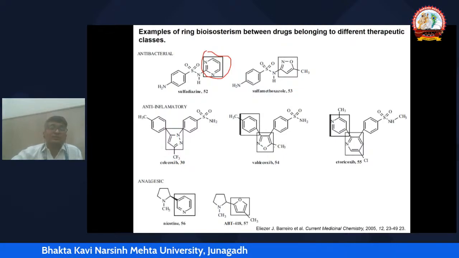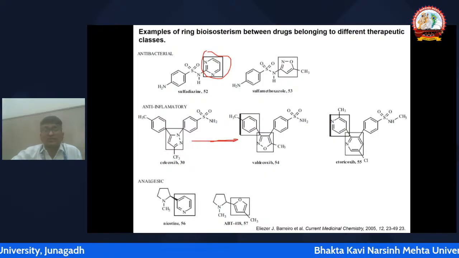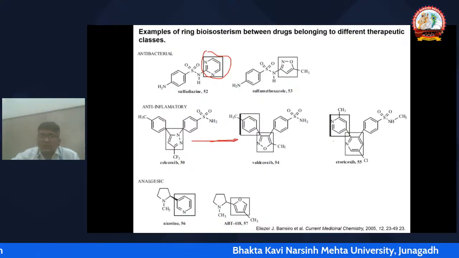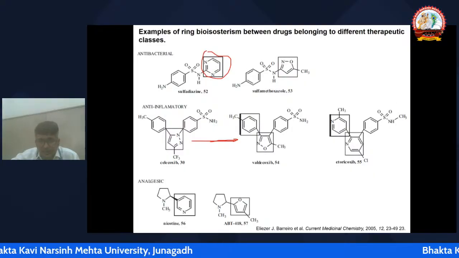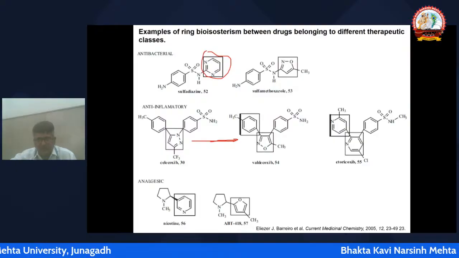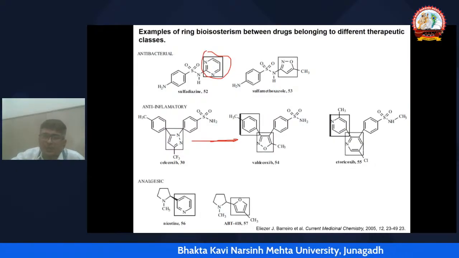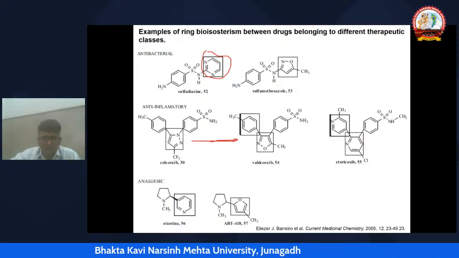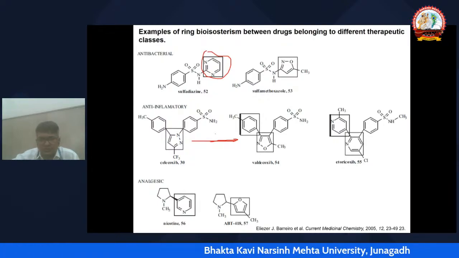Thus, changing this part is called an isoster. In another molecule, the sulfonamide part remains the same, and the benzene ring is replaced by a pyridine ring system, as well as the isoxazole ring replaced by a pyridine ring system. So these molecules are bioisosterism of the original molecules. So see, this is a ring isoster.